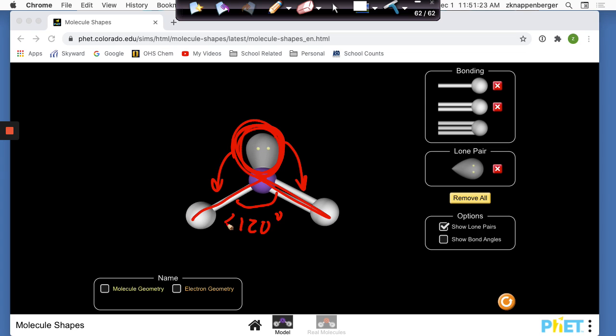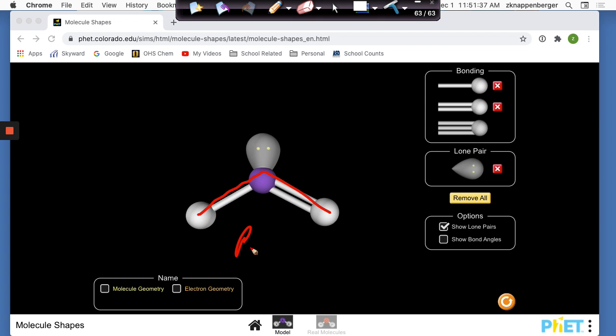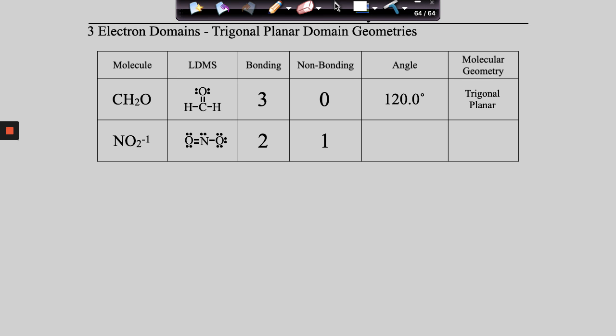And again, this makes the angle smaller, closing it down to less than 120 degrees. So now all we've got to do is name this thing. I'm guessing somebody out there is already guessing it. Guys, this is bent as well. So this structure is smaller than 120 degrees, and it's bent as well.